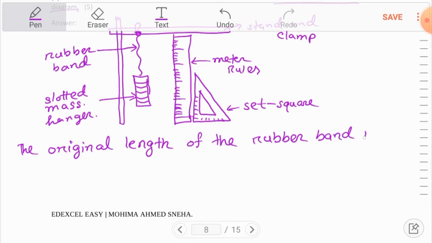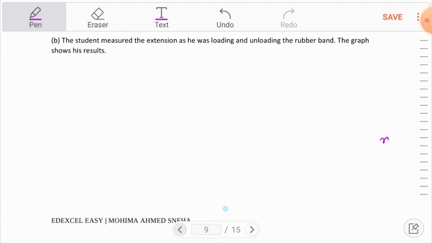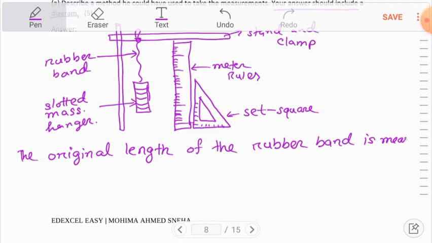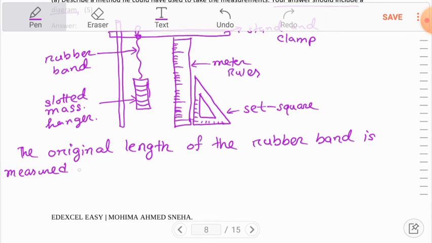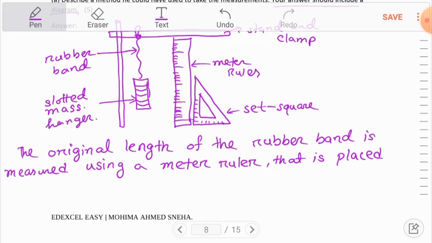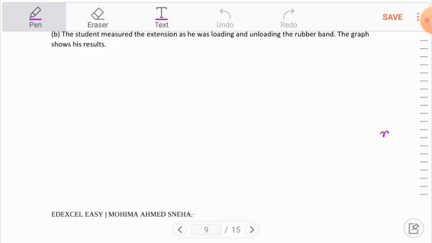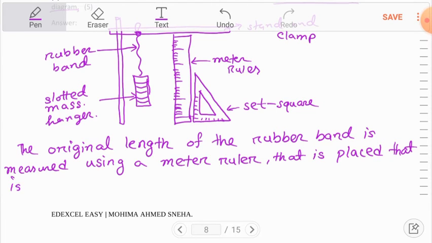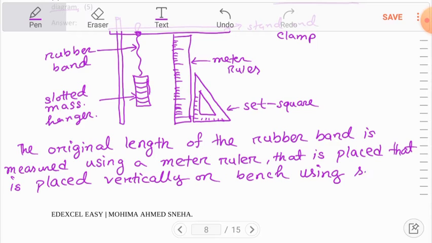The original length of the rubber band is measured using a meter ruler that is placed vertically on ground using set square.